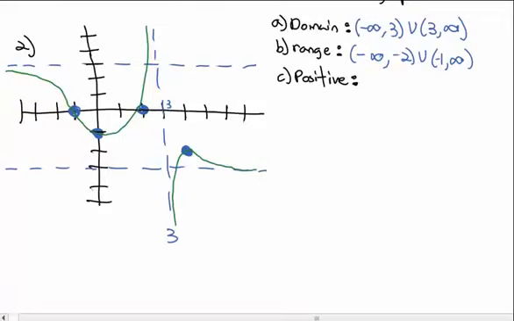So to describe where the graph is positive, it's positive from negative infinity off the left till negative 1. Union, it pops positive again from 2 to 3, and then it's not positive anymore.